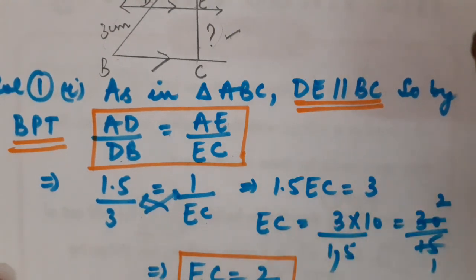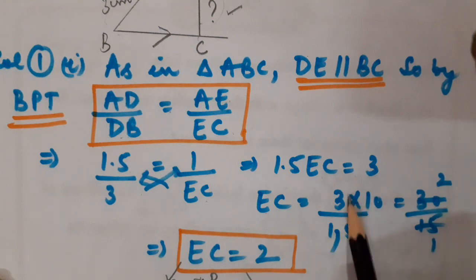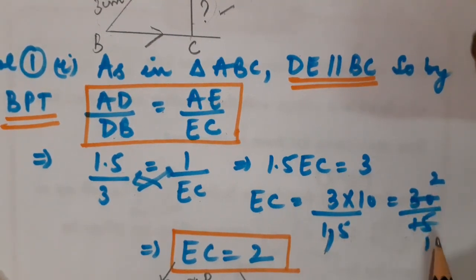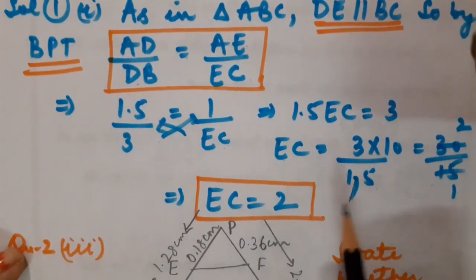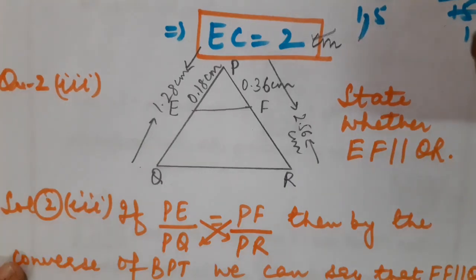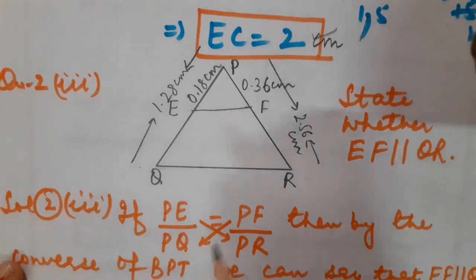So EC is equal to 3 upon 1.5. While removing the decimal, I have got 3 into 10 upon 15. So this is 30 upon 15. That is 15 ones are 15, 15 twos are 30. So what is the value of EC? EC is equal to 2 centimeter. Got it, children?